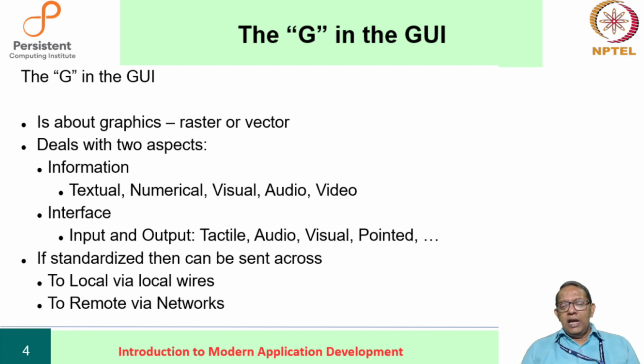In the same way, if we standardize the graphics system over here, then we could take the output display from the local machine to the local machine or from the local machine across the network to a remote machine. This possibility opens up.